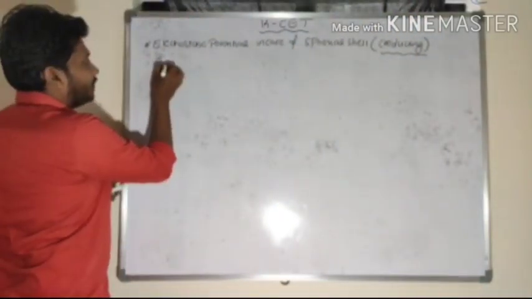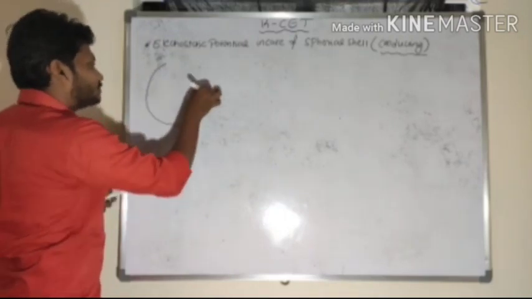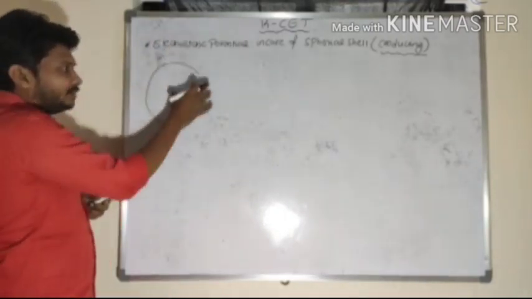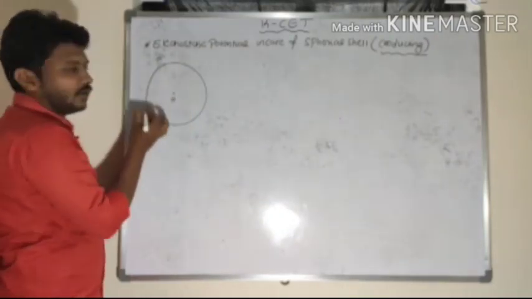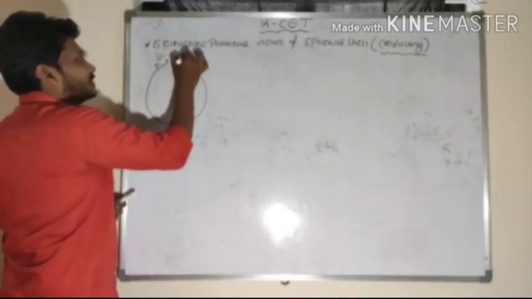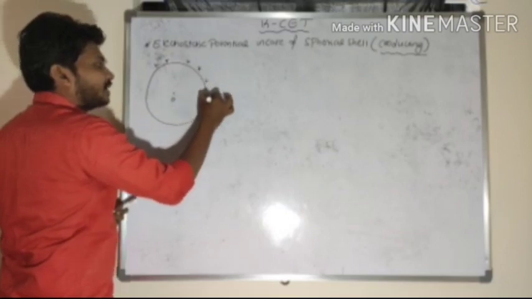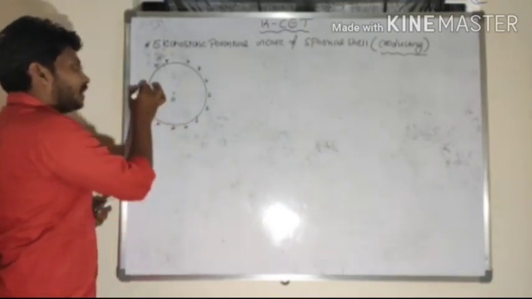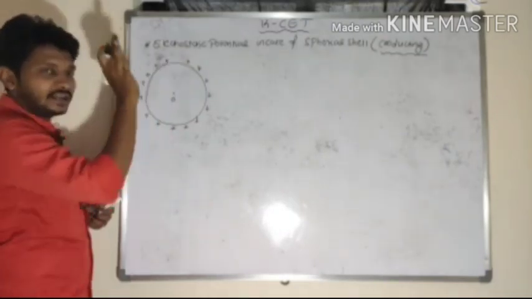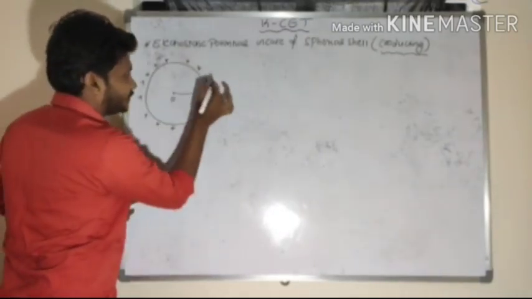So for example, I will consider one hollow sphere. Hollow sphere means inside there will be an empty space. For a conductor, charges reside only on the surface of the conductor. Charges will not be present inside the conductor. That's the meaning I need to understand here.